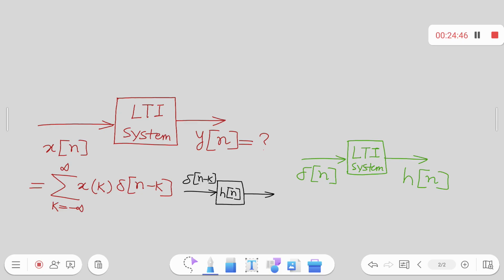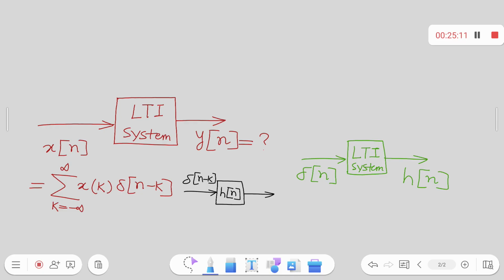The system is characterized by the impulse response h of n. If the input is delta n, output should be h of n. But here the input is delta n minus k. So what should be the output? H of what?